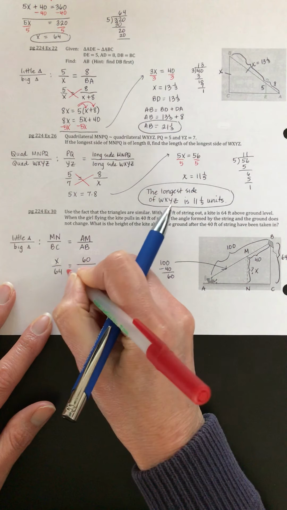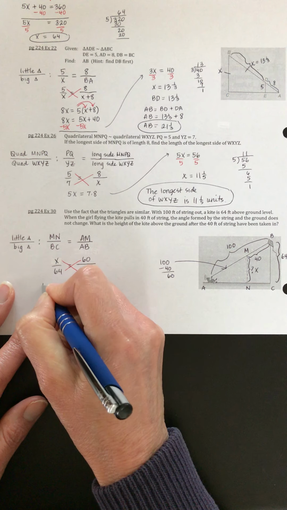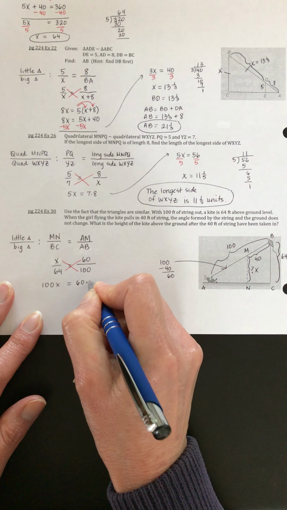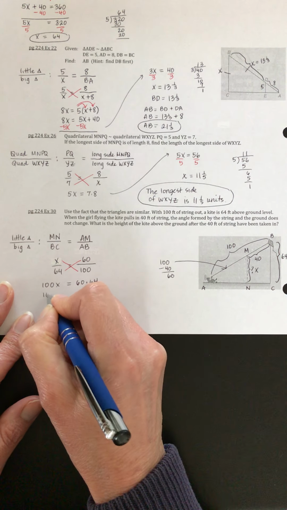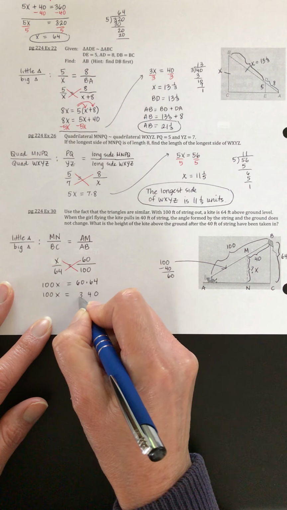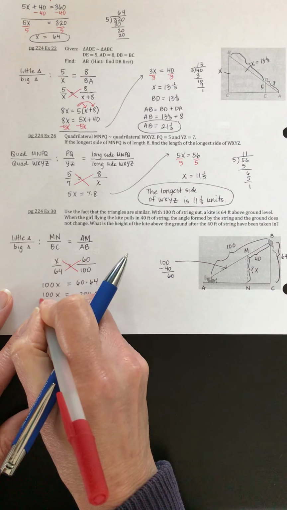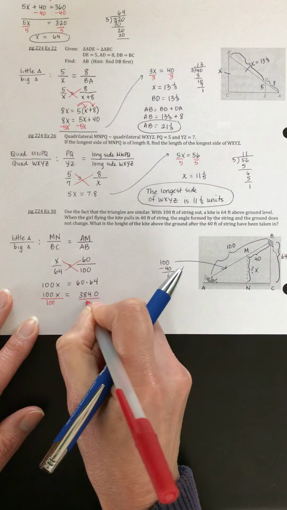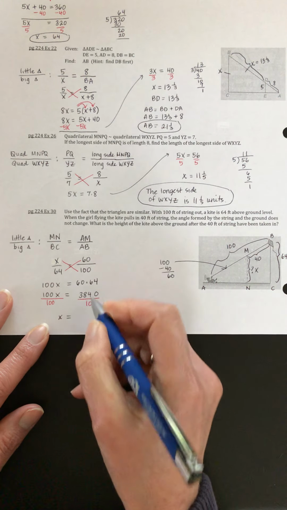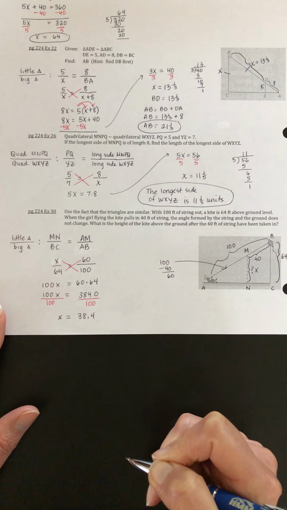Okay, now we can cross multiply. So we're going to multiply like that, multiply like that. So we get here 100x. Here we get 60 times 64. So we get 100x equals, if we multiply that up, 3840. Then we're going to divide by 100. And we get that x is equal to 38.4. Okay?